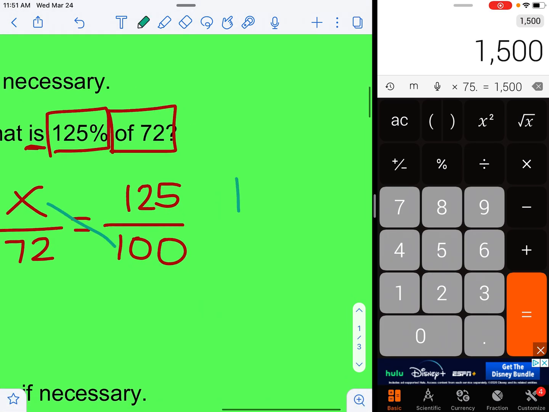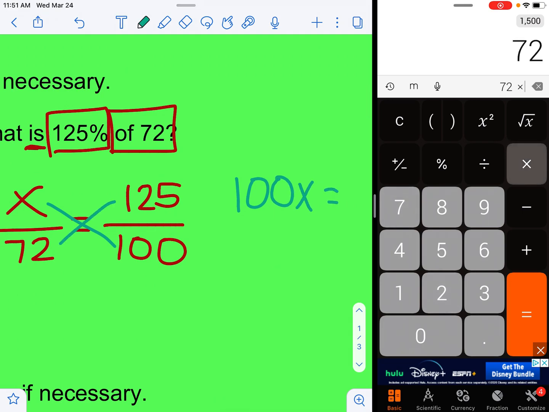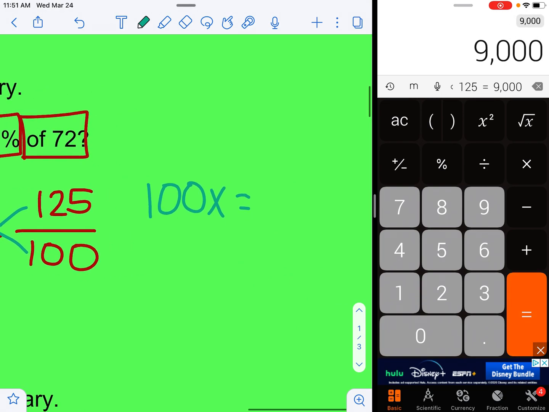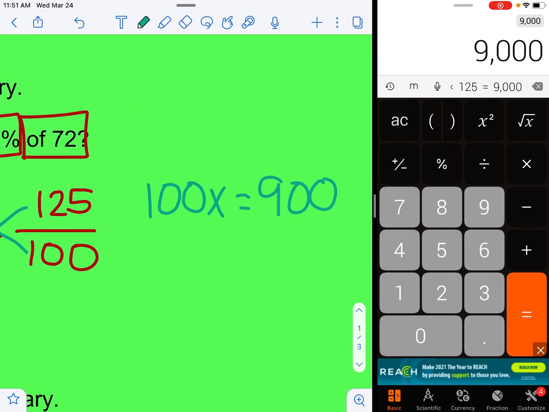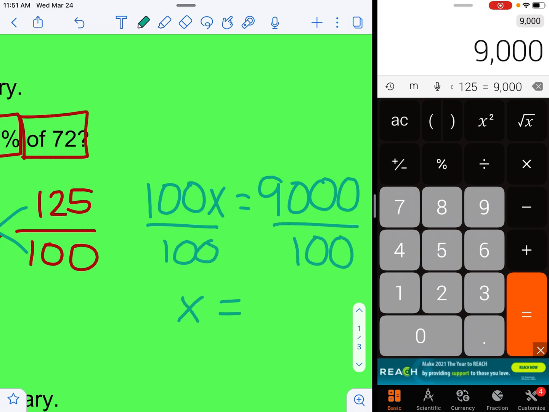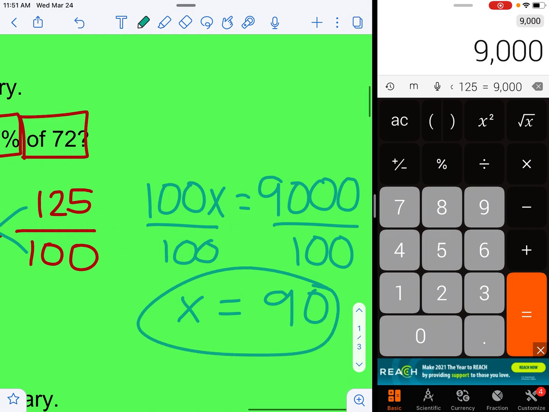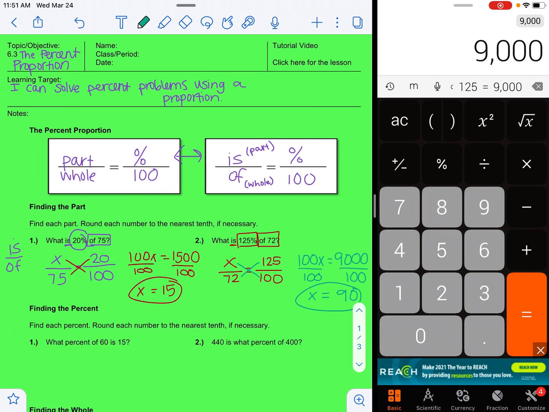This is a great review. We cross multiply. X times 100 is 100x, and that's equal to 72 times 125, which is 9,000. Now we just need to divide by 100 to get x by itself, and we get x is equal to 90. And that's our answer.